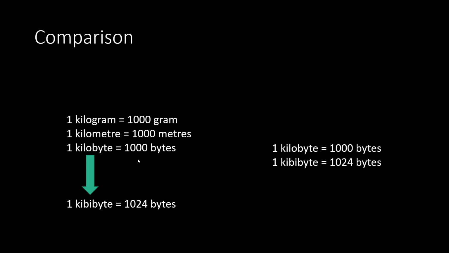So what I'm going to say here is 1 kilobyte is equal to 1,000 bytes, which has the usual meaning of kilo. But on the other hand, 1 kibibyte is equal to 1024 bytes, which is a meaning that we use particularly in computer science. So here the bi in kibi means binary. So it means kilo binary byte. So we call it kibibyte.